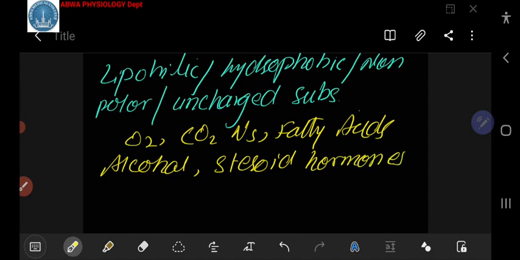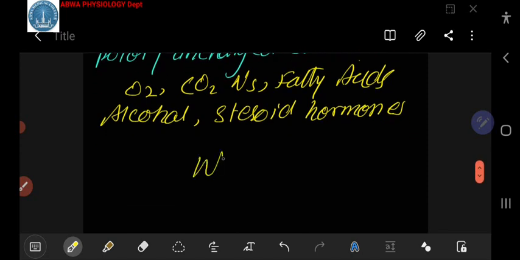These are the hormones whose diffusion takes place through the lipid matrix, that are lipophilic, hydrophobic, non-polar or uncharged substances. And regarding water, water is a small molecule with high kinetic energy, and then urea, then water, and then urea.